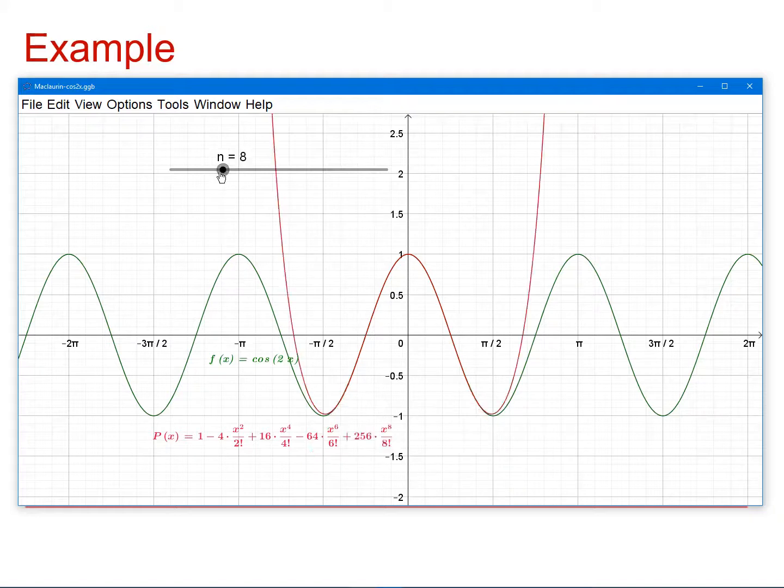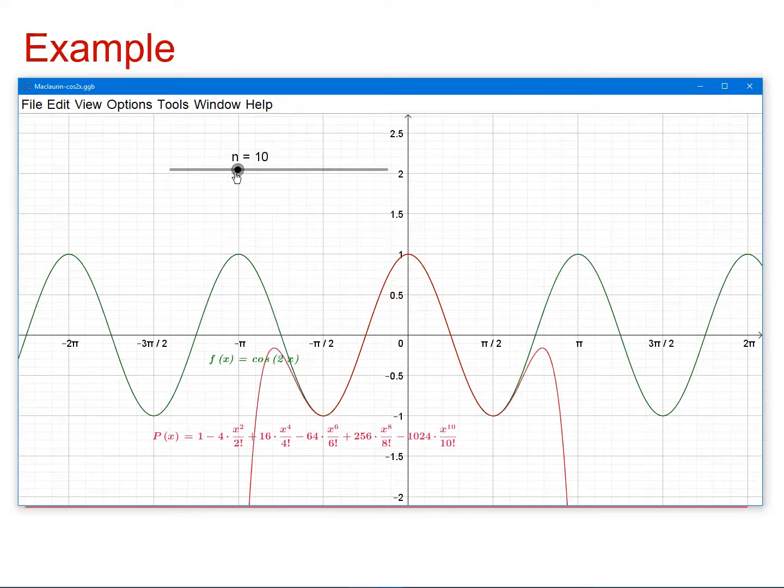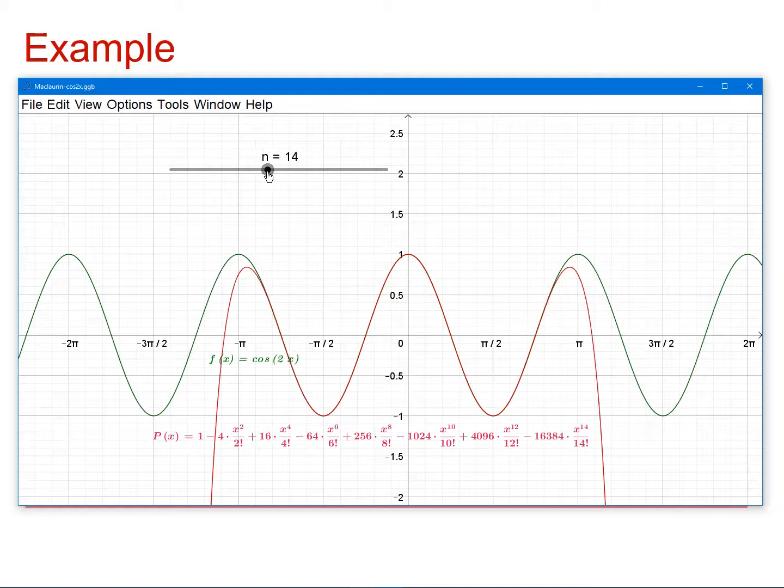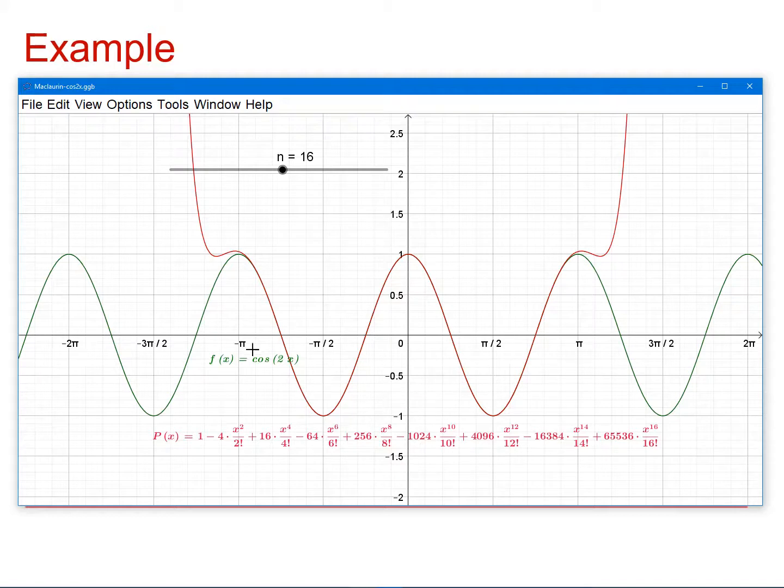And then as I push this on up, you will see that the polynomial gets better and better as an approximation, not so much that it's closer around 0, but that the range over which the polynomial gives a good approximation gets larger. And what I've got here is a quite reasonable approximation, as I said before, for cos 2x between minus pi and pi.